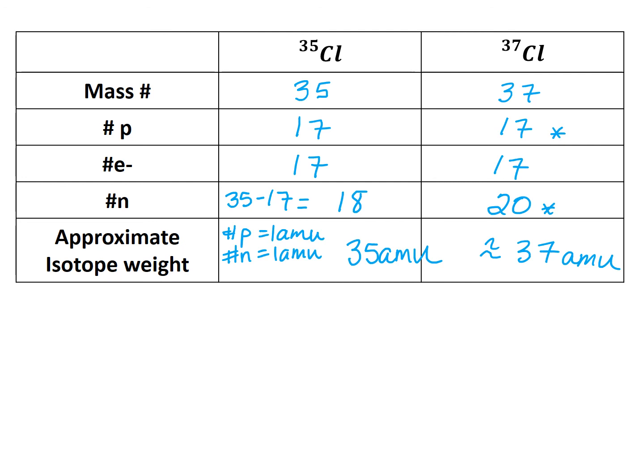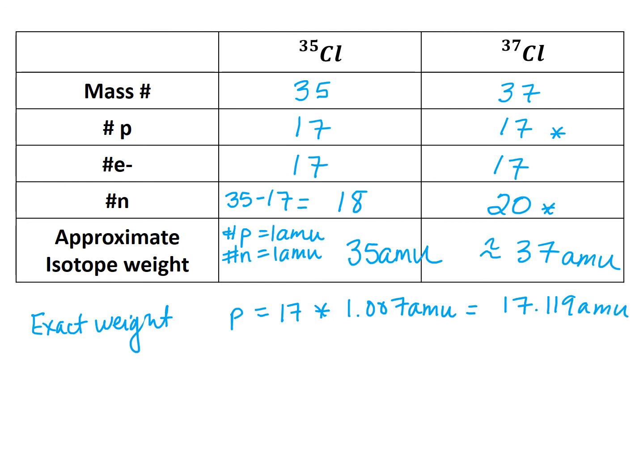Okay, now if we wanted to, we could calculate the exact weight. The way we would do that is for chlorine 35, the number of protons equals 17, and we times that by how much a proton weighs, 1.007 AMU, and that equals 17.119 AMU.